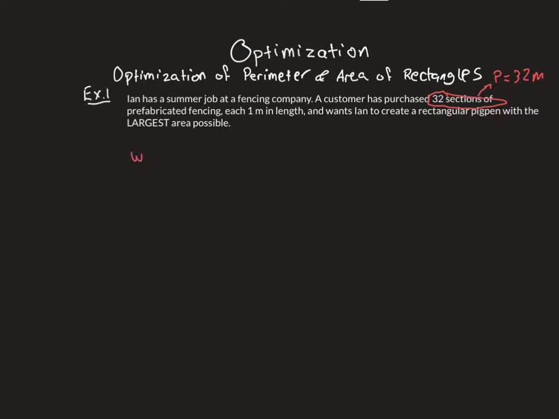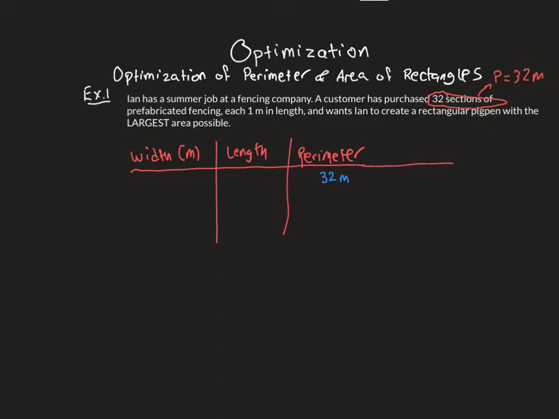So you can start with a table where you have width, length, and of course the perimeter. And I know that the perimeter, no matter what, has to be 32 meters. Okay? And finally, area.